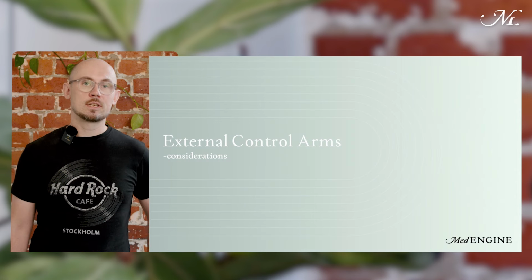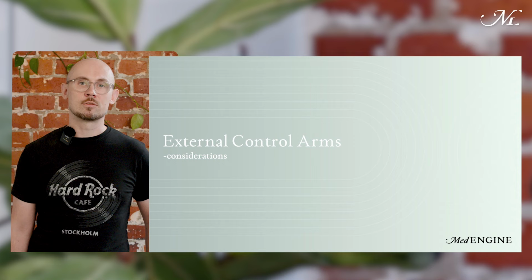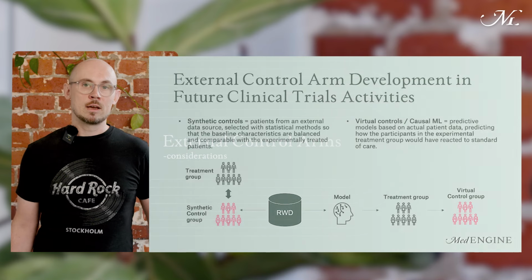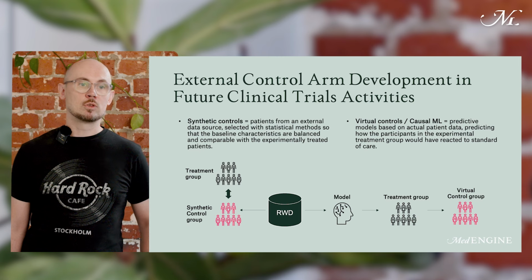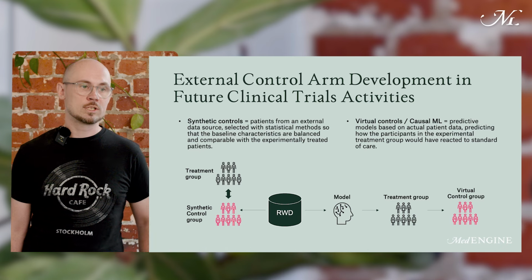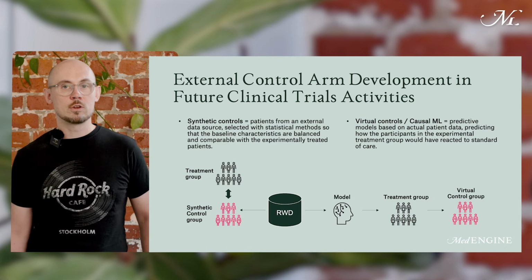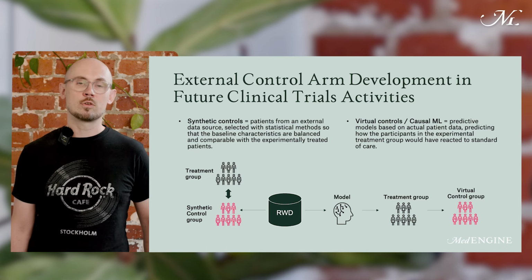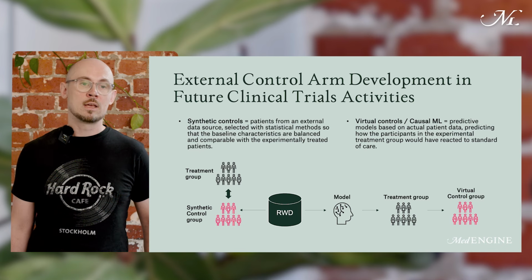So, going to the topic of considerations regarding external control arms. We basically had two different approaches. One is synthetic controls, which is the common way. Basically, you match your treatment group in your trial with a synthetic control group, which can come from real-world data or also from legacy clinical trials, like previous trials that you have collected.